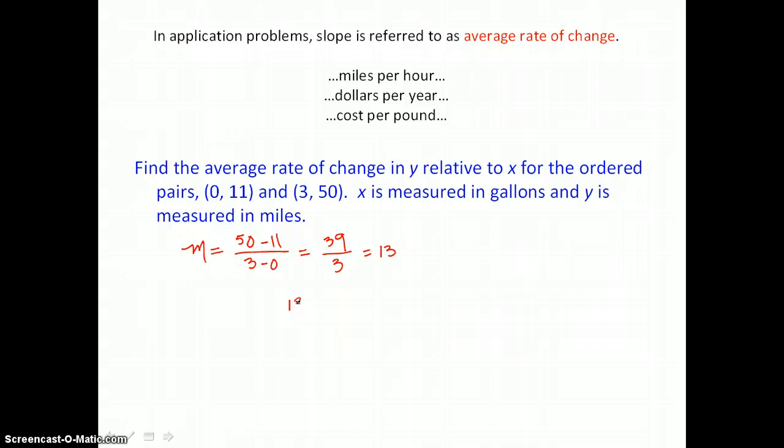Now this is an average rate of change, so it deserves a label. Since y is on the top and it's measured in miles, and x is on the bottom and it's measured in gallons, we just found that our average rate of change is 13 miles per gallon.